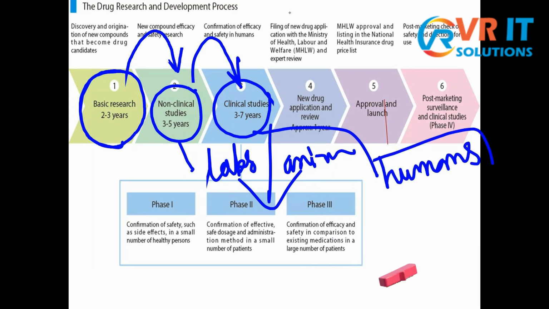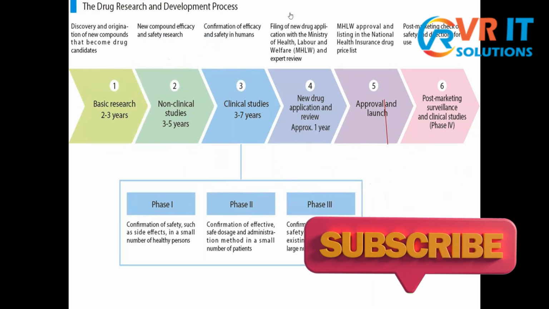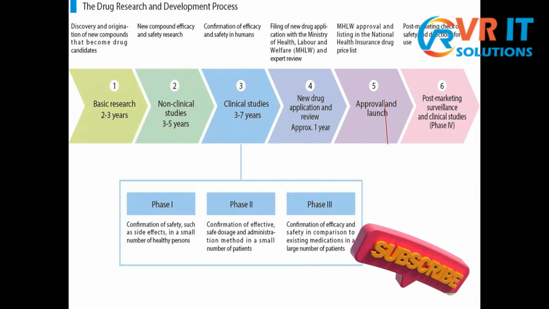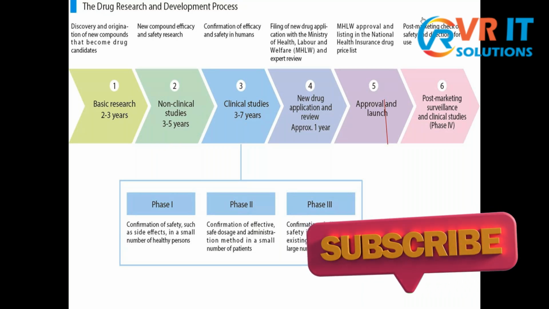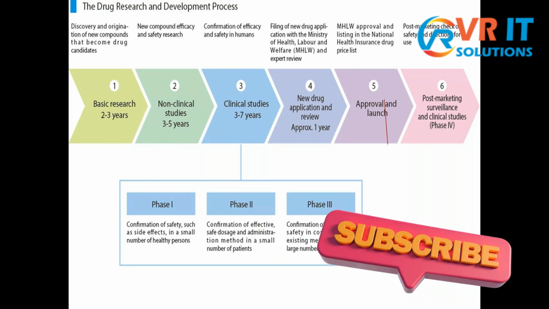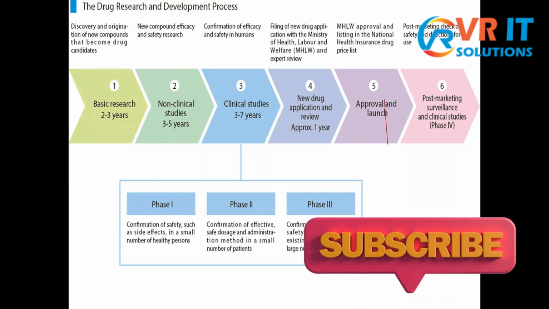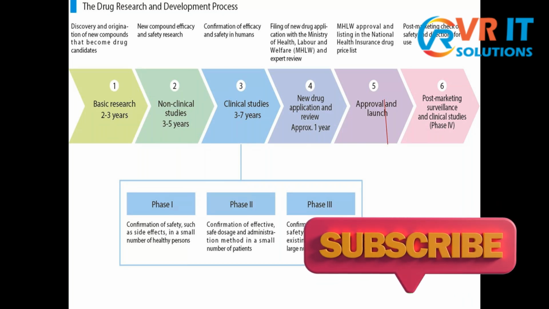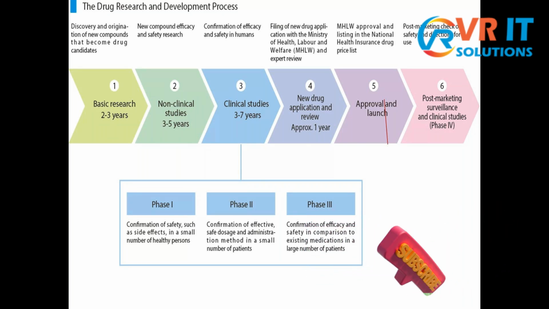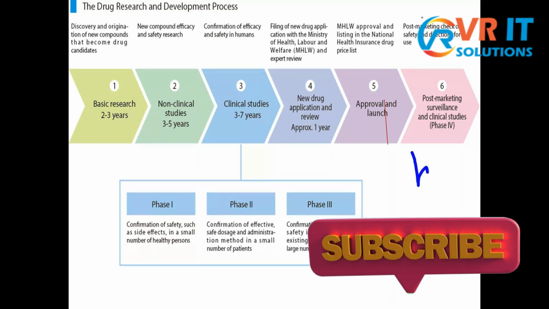Even the preclinical trials take around 3 to 5 years, and clinical studies around 3 to 7 years, and not just 3 to 7 years. The treatment I am currently working on, for the disease hemophilia, has had its trial going on for 22 years, and it is still on.